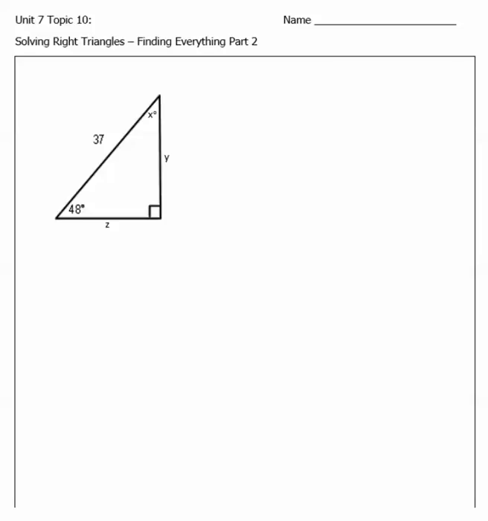For example, if I've been given 2 angles, then I'm going to use the fact that those 2 angles along with the third angle add up to 180. So 48 and 90. What's left over for x? I'm going to start with x. I have 180 degrees total that I can use for a triangle.